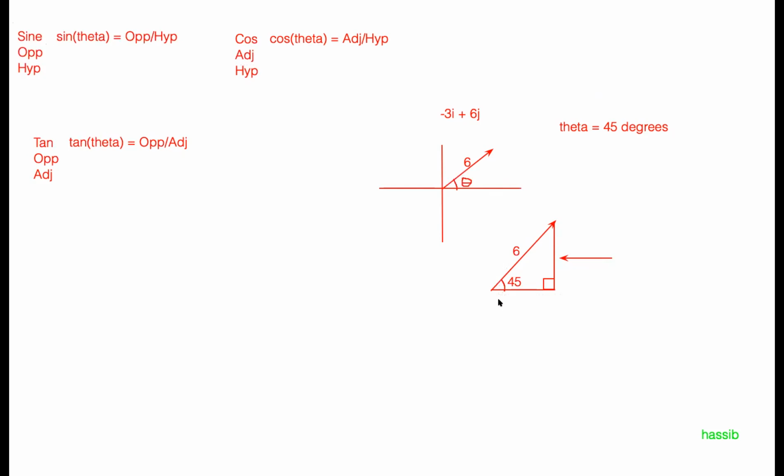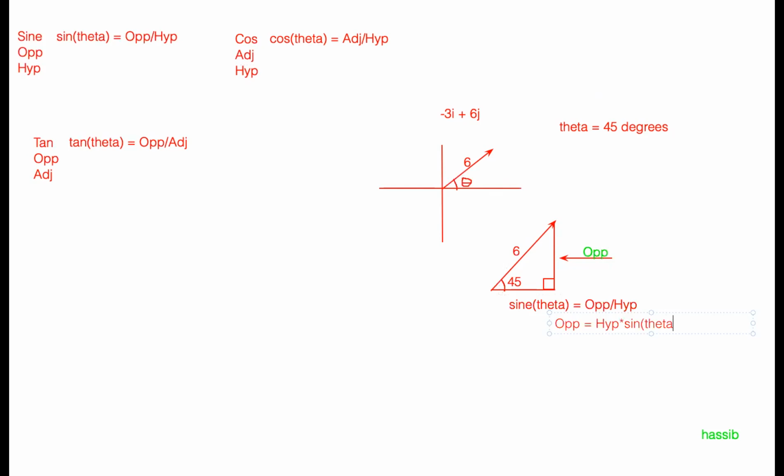We know the angle, we don't know the opposite, and we know the hypotenuse. Okay, so we will have one unknown, and we can solve for it, which is the opposite. Exactly. So to solve it, the opposite is equal to the hypotenuse times sine theta.